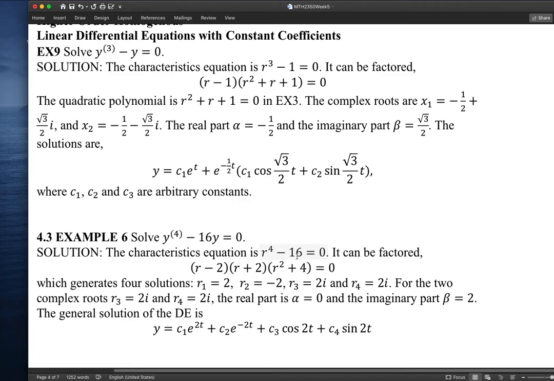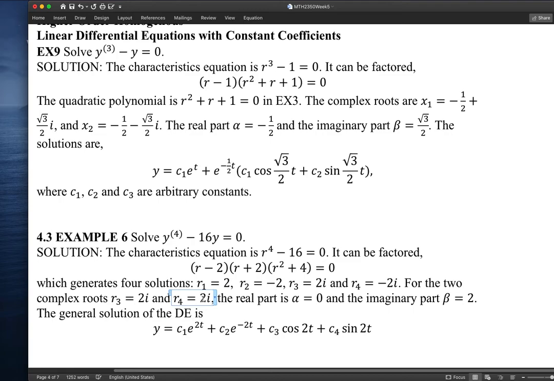You can give a try to see if you can reach the same factorization: r minus 2 times r plus 2 times r squared plus 4 equals 0. Hopefully you see there are 2 real roots, 2 and negative 2. But did we say a polynomial of degree 4 must have 4 roots? So we have 2 other complex roots, 2i and negative 2i.